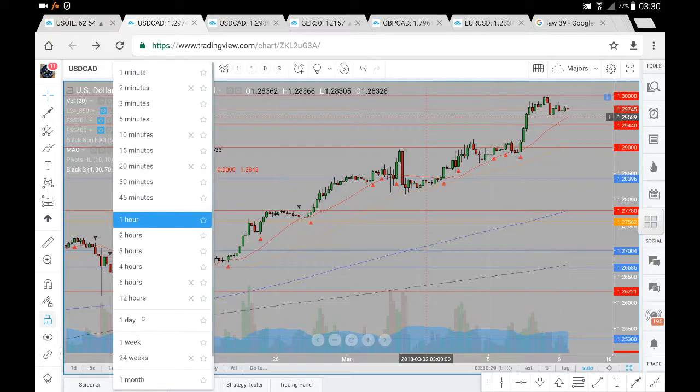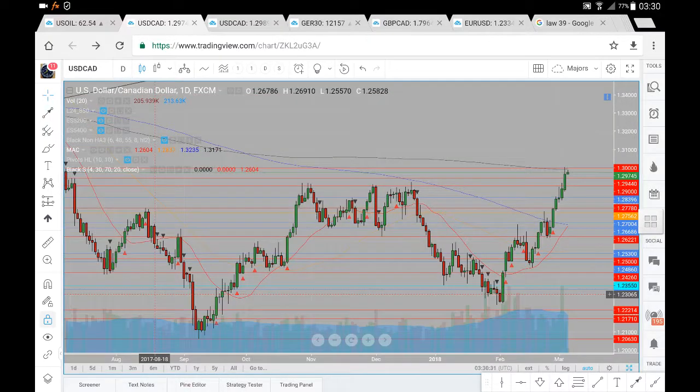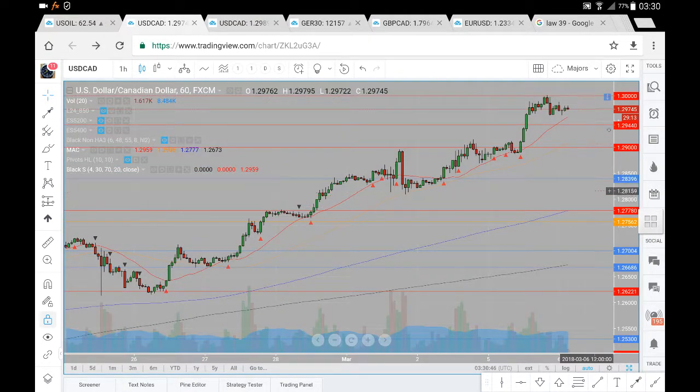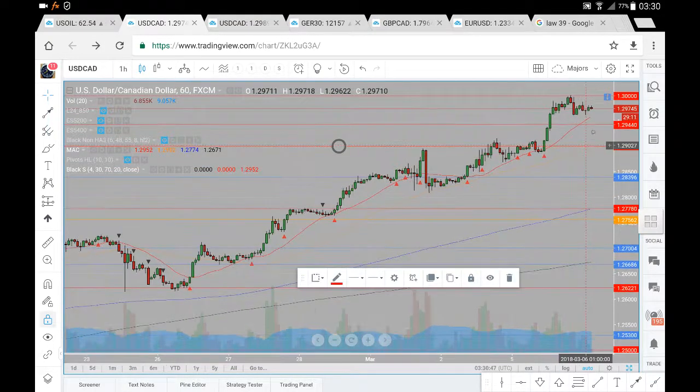Now, in around this 129 has acted as resistance on a few occasions in the past. So if we just have a look at the daily chart, in around the 129, let's just see, in around 129 has acted as resistance. So if we do approach it from above, it would likely act as support in around this 129.